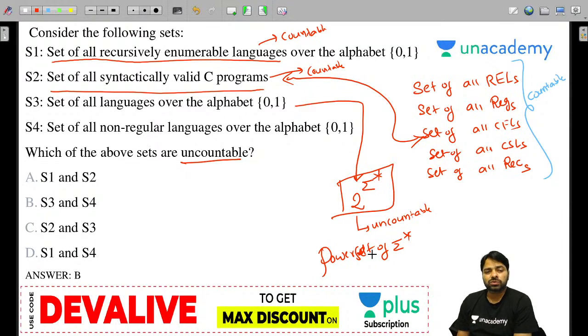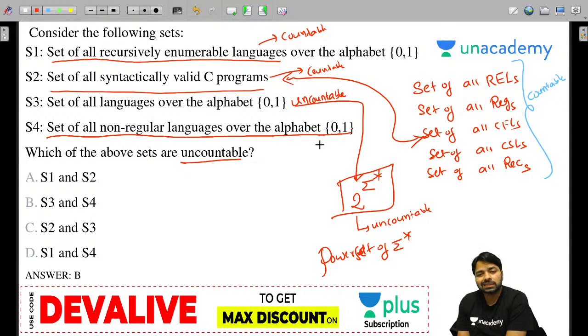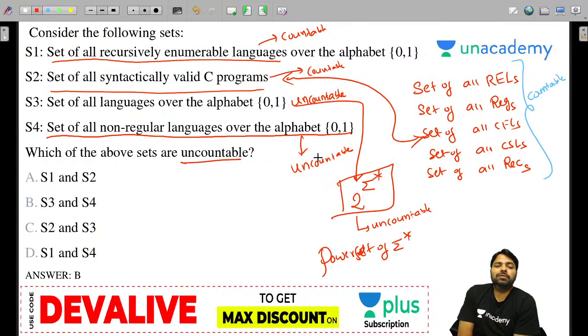It is uncountable because the 0-string language is 1, the 1-string language is infinite, the 2-string language is infinite, and you do not know how to cover all of them. The set of all regular languages is countable, but the set of all non-regular languages is uncountable, because some of the non-regulars we don't understand how to enumerate.